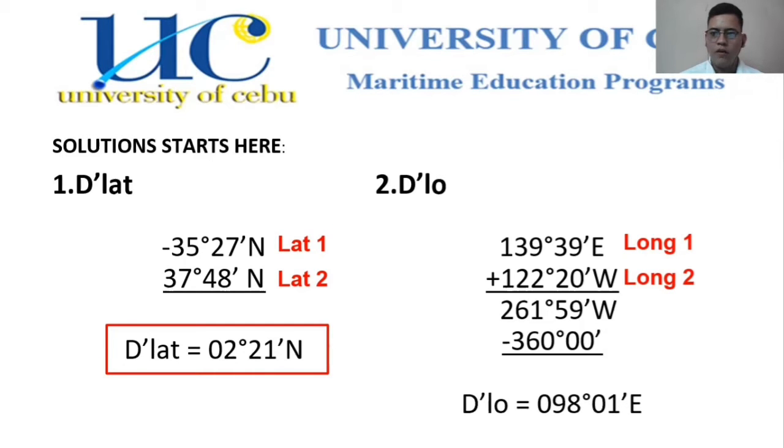Then we're going to have the total of 098 degrees 01 minutes east. It is named east because, according to the rules, you should name the final longitude opposite to longitude 2. So our final difference of longitude is 098 degrees 01 minutes east.